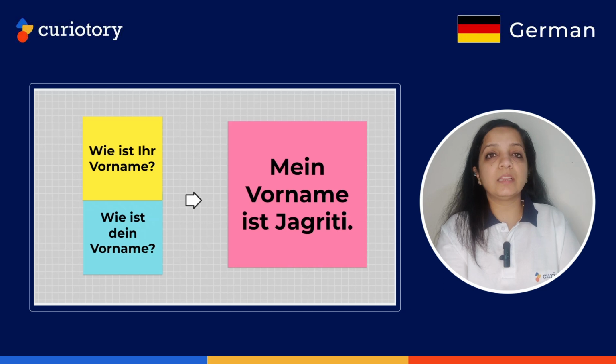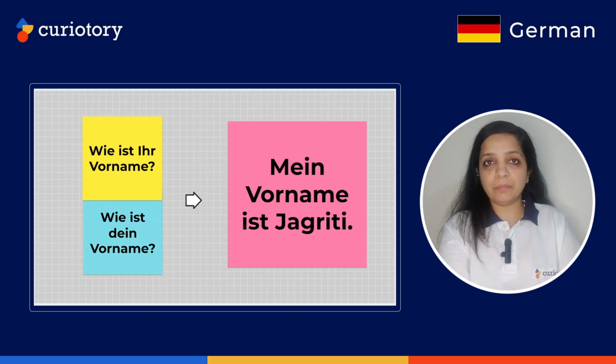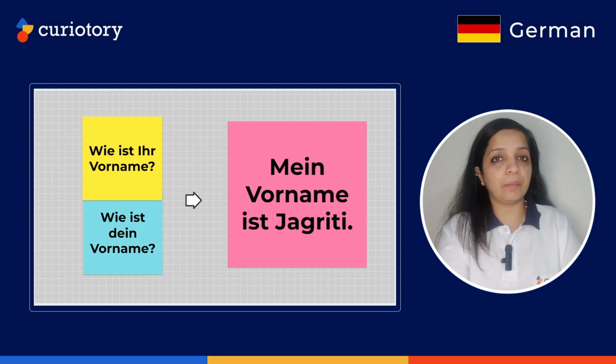And the answer to this is Mein Vorname ist Jagriti. So, after the first name, we need to know the surname. How are we going to ask that? That we'll learn further.